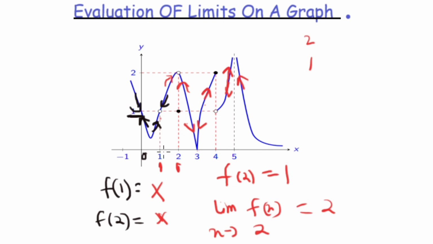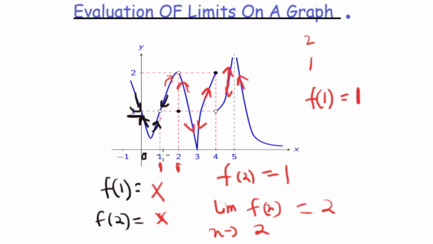Now, why do we call these removable discontinuities? They are called removable discontinuities because we can redefine our function for it to be continuous at 1. Now we can say that at x equal to 1, f of 1 is equal to 1.